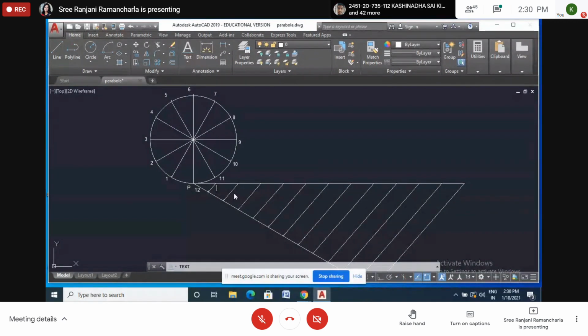Here 1 dash, 2 dash, 3 dash, 4 dash, 5 dash, 6 dash, 7 dash, 8 dash, 10 dash, 11 dash, and 12 dash.